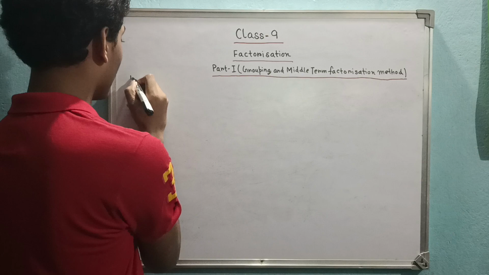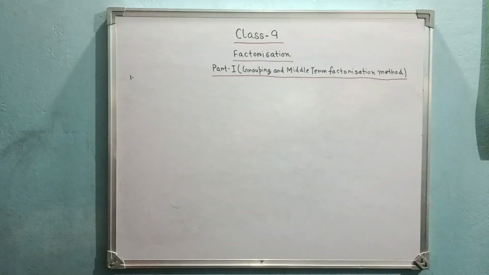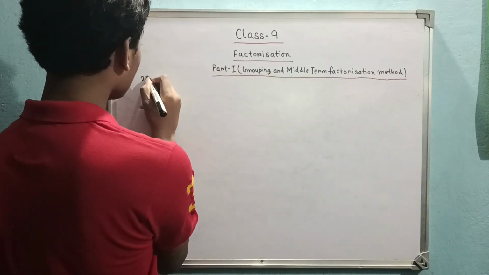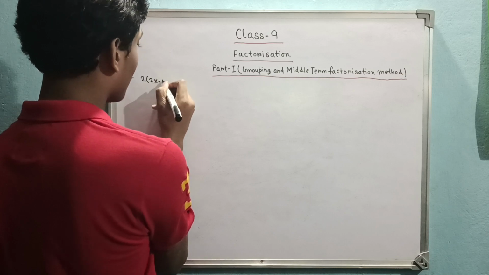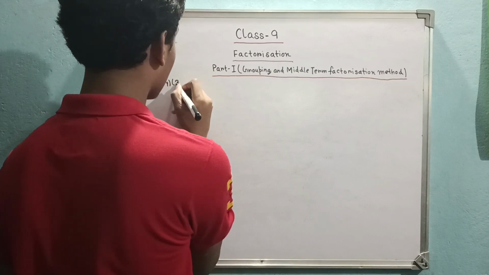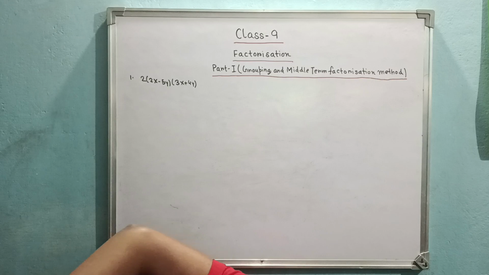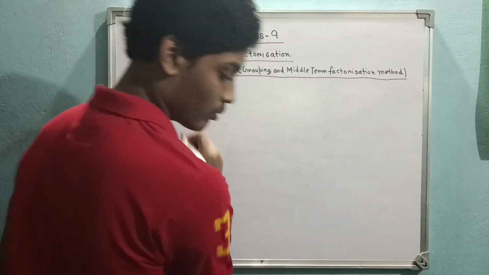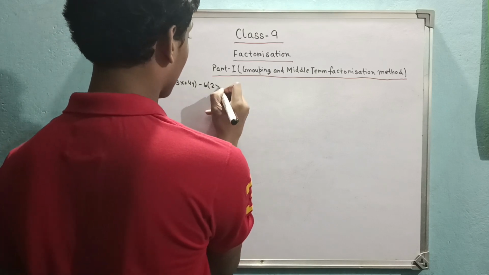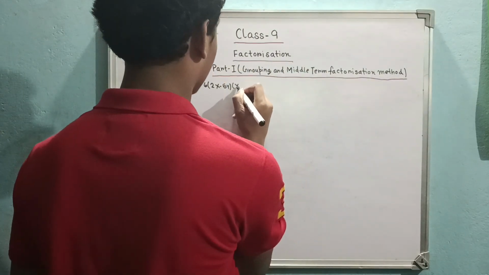Let us see. So what I have here is 2 into 2x minus 5y into 3x plus 4y, minus 6 into 2x minus 5y into x minus y.